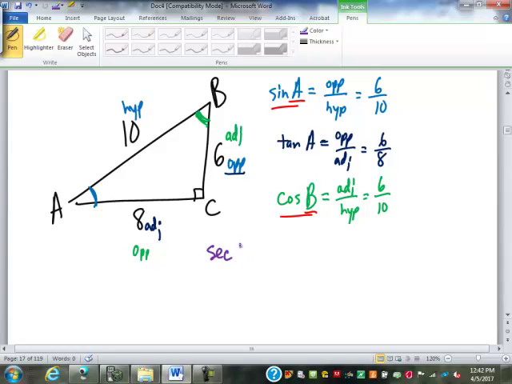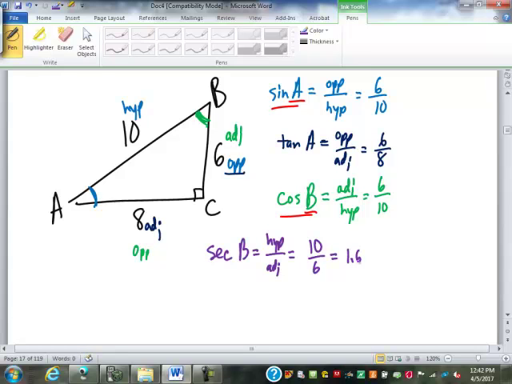Find the secant of angle B for me. Secant is hypotenuse over adjacent. Hypotenuse is 10. The adjacent side would be the 6. You're thinking you did the secant of angle A. Yeah.